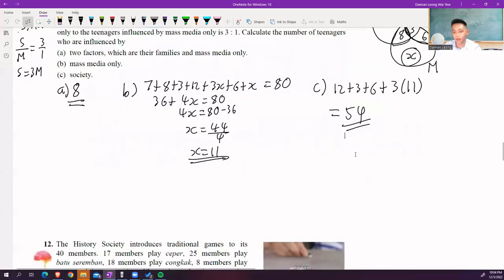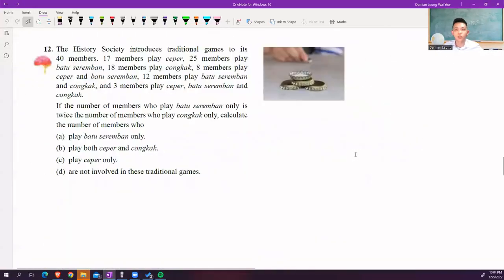Then we have question 12. History Society member. The History Society introduces traditional games to its 40 members. Yeah. Again, no diagram, no Venn diagram. Sketch out the Venn diagram. There is also no universal set here.